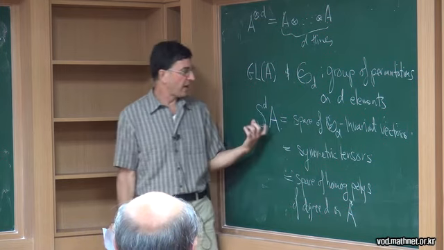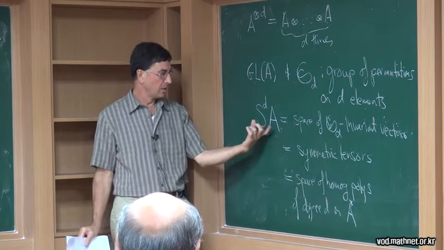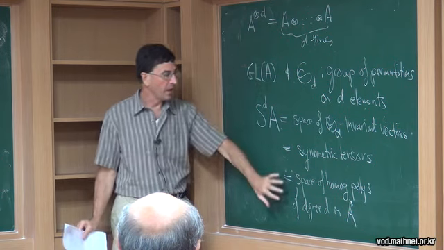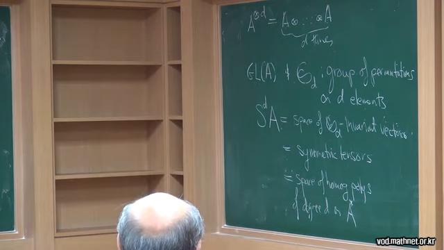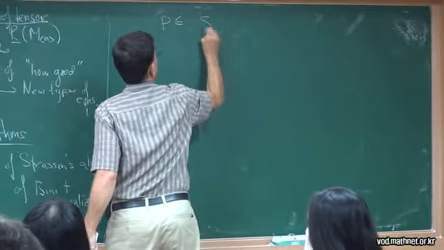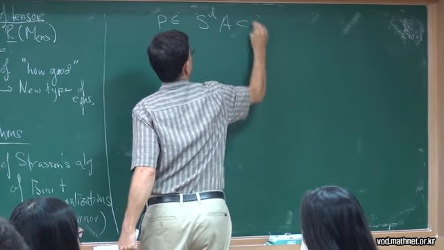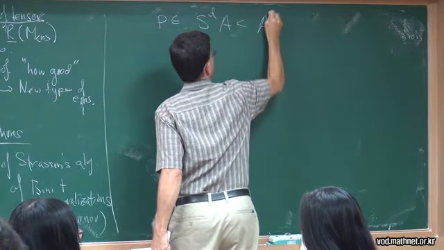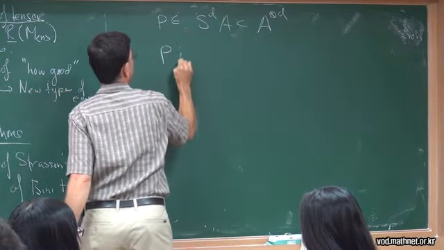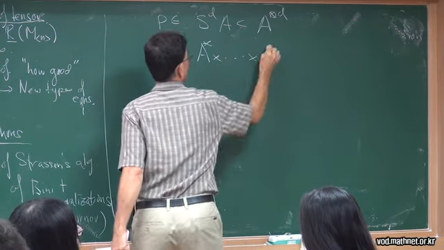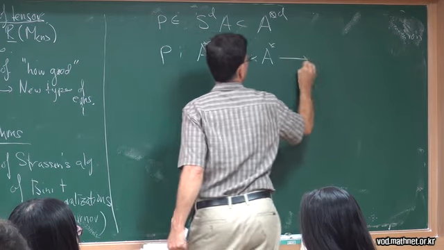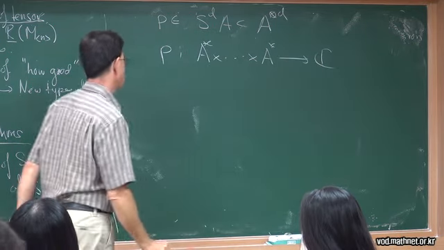Why, if I have a symmetric multilinear map, can I identify it with a polynomial? Well, if P is in S^d A, which sits inside the tensor power A^{⊗d}, that says that P is a multilinear map to our base field.